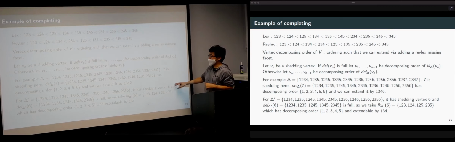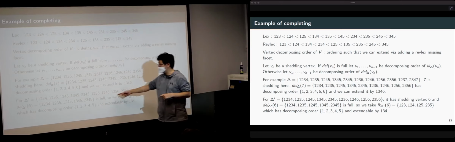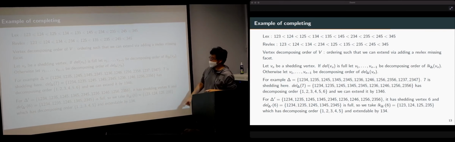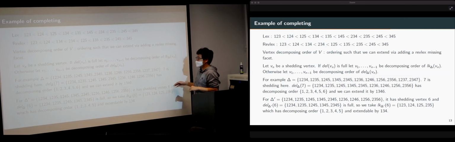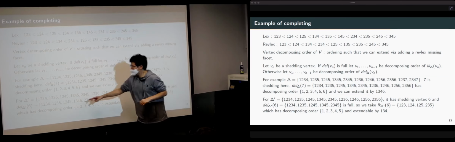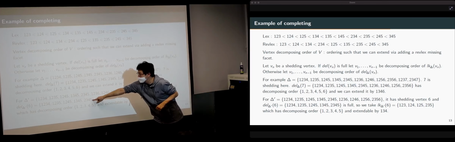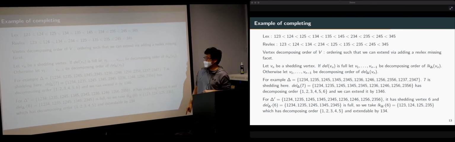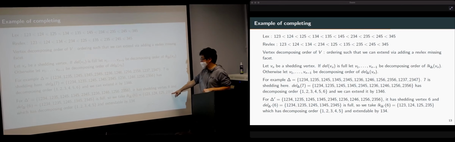So here's an example. This is a pure three-dimensional simplicial complex on 6 vertices. And it has a shedding vertex 6. Now, if you look at the deletion, then this is full because it is a uniform matroid. You have all 4-subsets of 1 up to 5. So what we do is we instead look at the link.